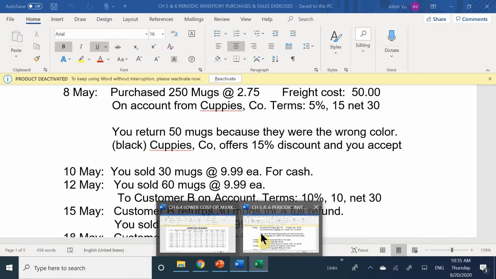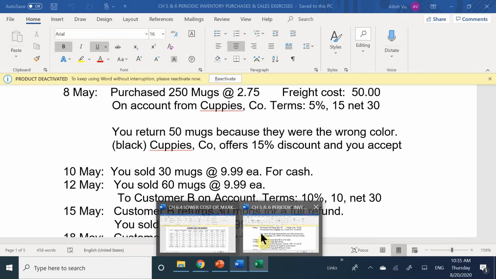50 mugs were returned because of the wrong color, but it wasn't a full return. It was a 15% discount. Perfect. Okay, so it was a 15% discount, right? On your account. Oops, typo. On your account. And you accept this 15% discount off of the 50 mugs that you are attempting to return.